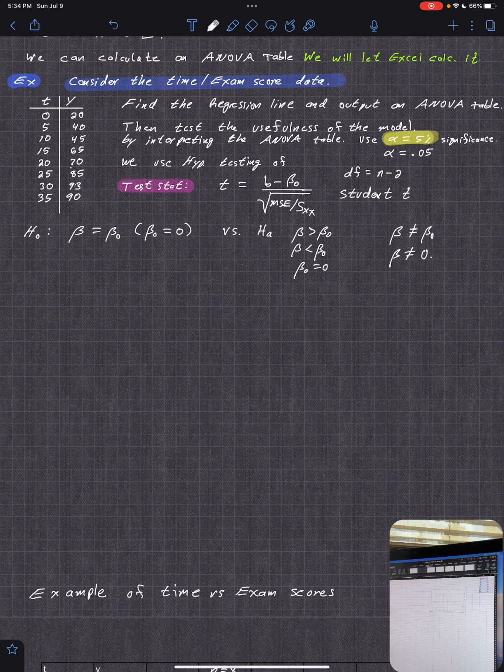That doesn't look like what I had earlier. Then you're going to add chart elements, and we're going to do trend lines, linear. I missed something. You're going to add trend lines.